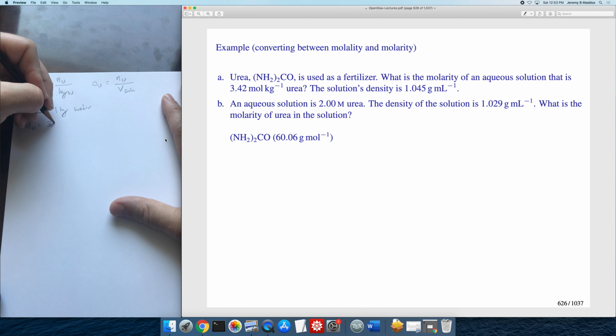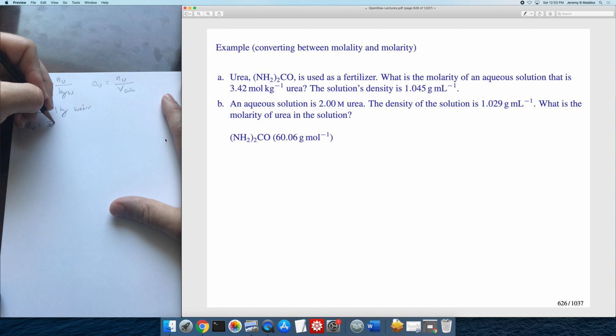All right, so we've got the numerator. We want the mass in kilograms of just the water, not the solution, just the water. So we still have to work with the density equation. Density is equal to mass of solution divided by volume of solution. We know the volume of solution.